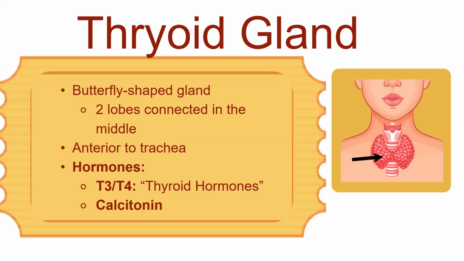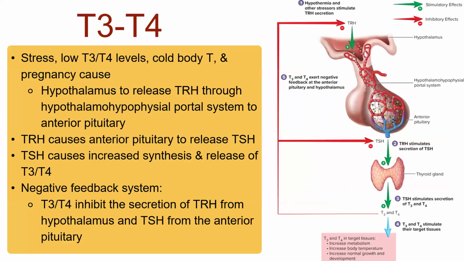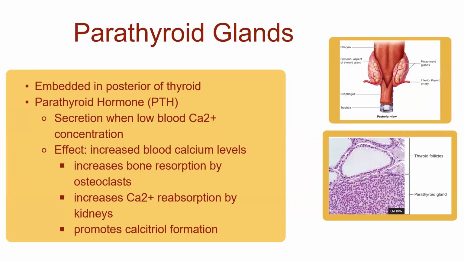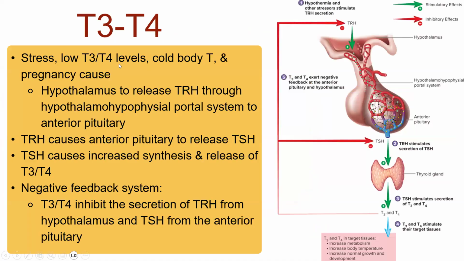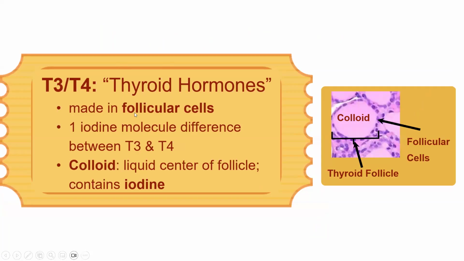And the other half of that system comes from, sorry, the parathyroid gland. So parathyroid hormone is going to be secreted when blood calcium is low. So just keep that in the back of your heads for now. And so T3 and T4 are made in the follicular cells of the thyroid. They're very, very similar.